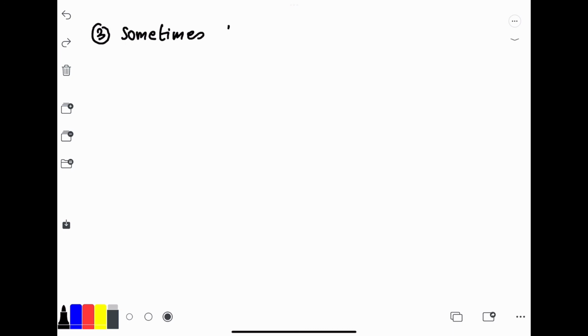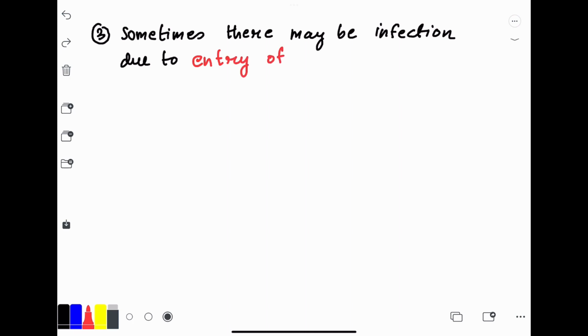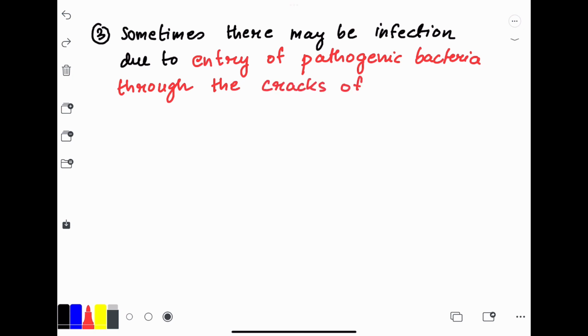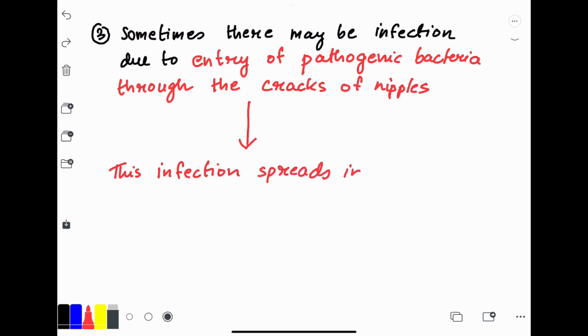Now coming to the third point. Sometimes there is infection of the breast, which may happen due to entry of pathogenic bacteria through the cracks of nipples. The pathogenic bacteria may enter through the cracks and gaps present in the nipples, and this infection spreads to the breast, but remains confined.